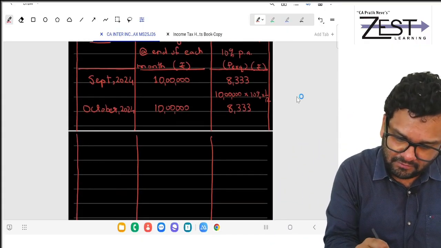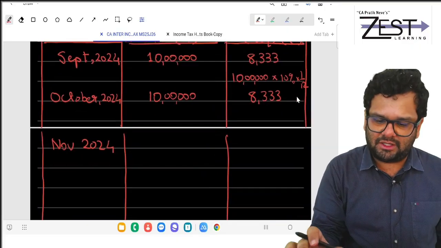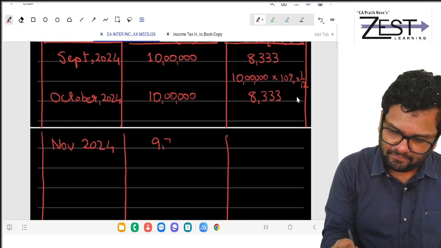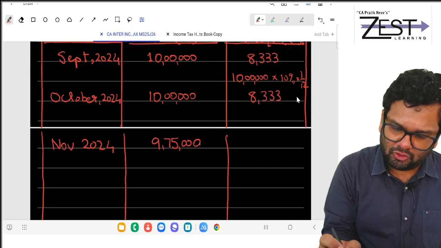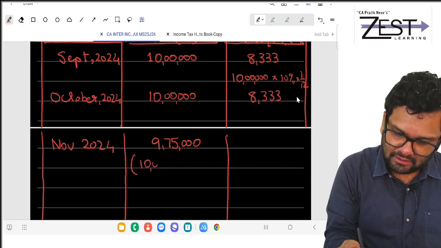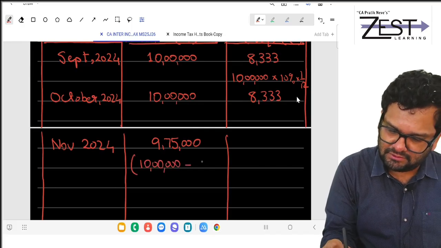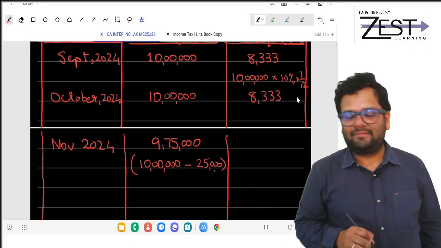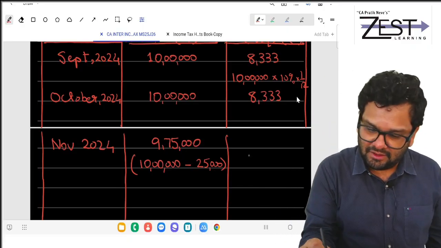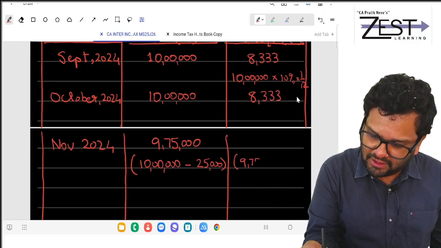So tell me, November 2024, what is the amount outstanding? Don't be shy. 10 lakh minus 25,000. 975 is now outstanding. On 975, can you calculate?